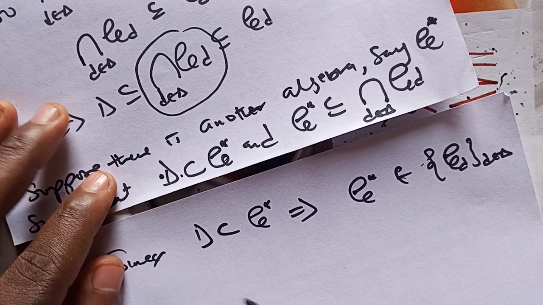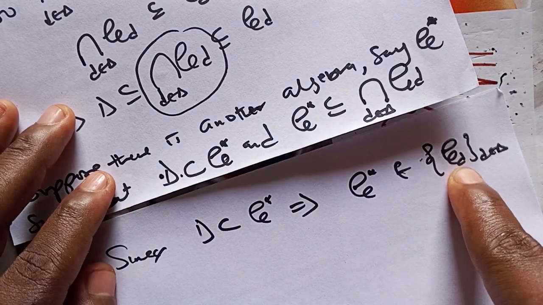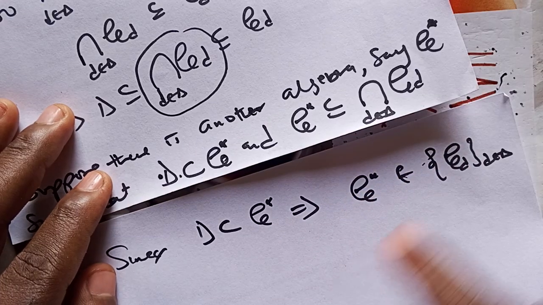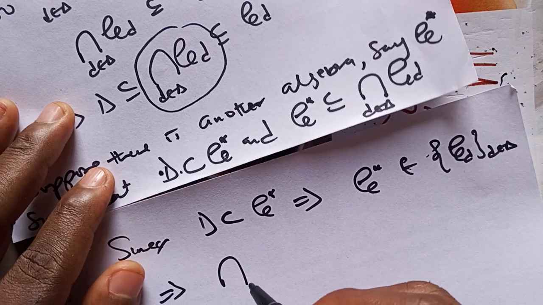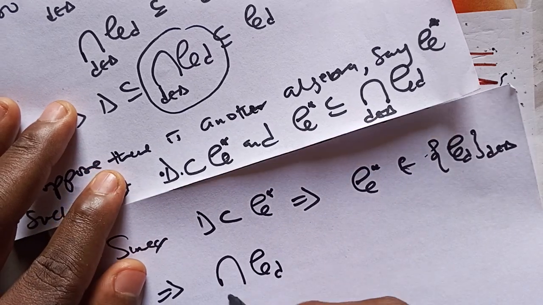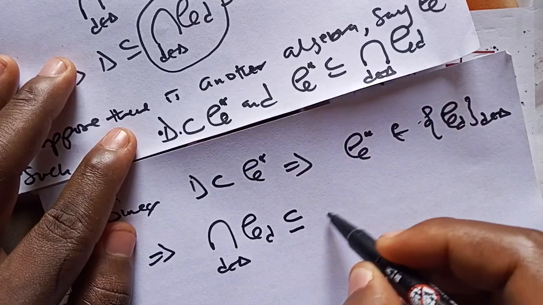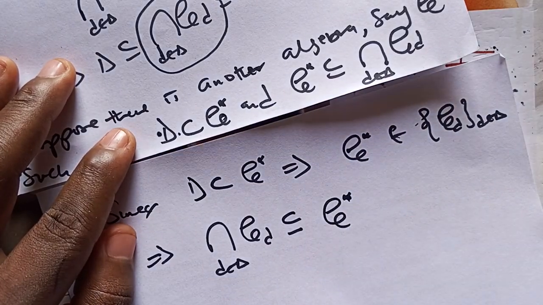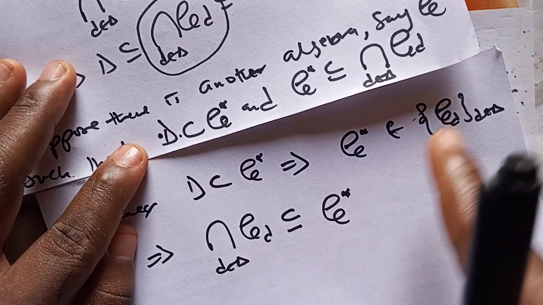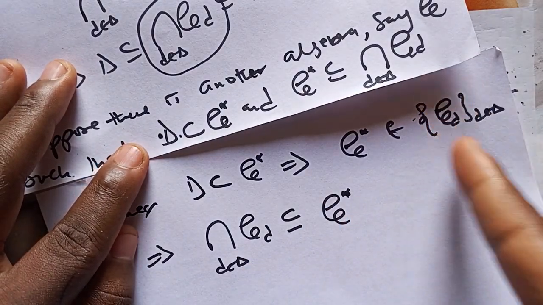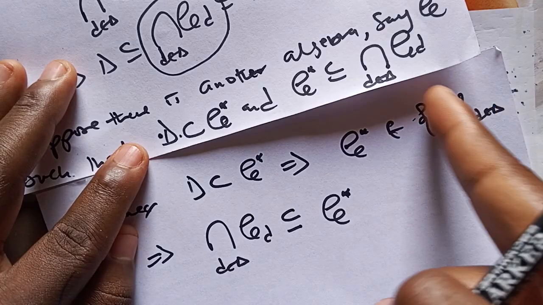And if this is coming from the family of algebras containing D, this implies that the arbitrary intersection of this family containing D is a subset of this. Because if we take the intersection of all the families of algebra containing D, you see that the intersection is the smallest, right?